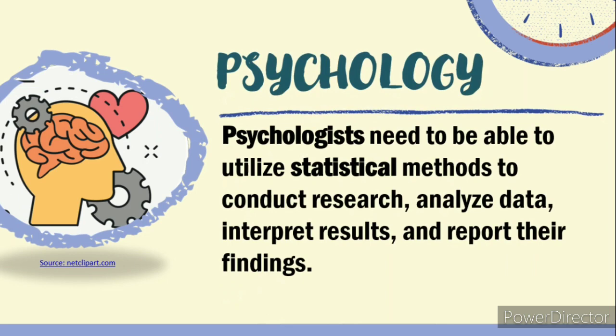Next, in psychology, psychologists need to be able to utilize statistical methods to conduct research, analyze data, interpret results, and report their findings, like to organize data on intelligence scores, attitudes, personal traits, ratings, values, behavior, and patterns.